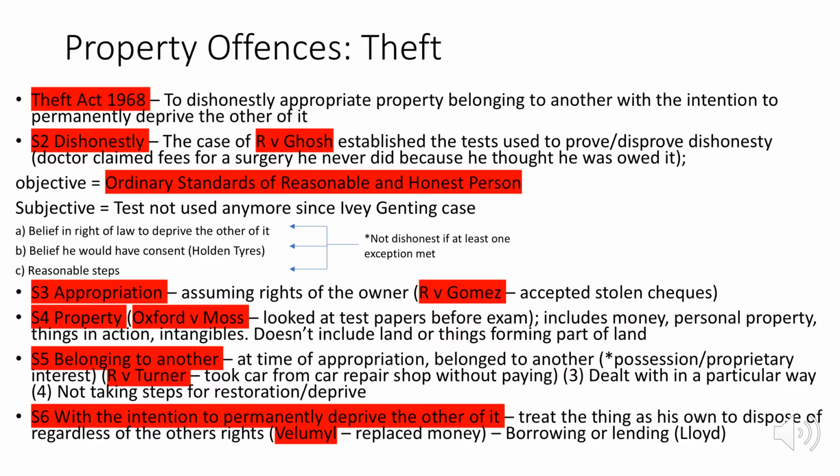Section 6 is with the intention to permanently deprive the other of it. This is to treat the thing as his own to dispose of, regardless of the other's rights. Also borrowing or lending, as seen in Lloyd.